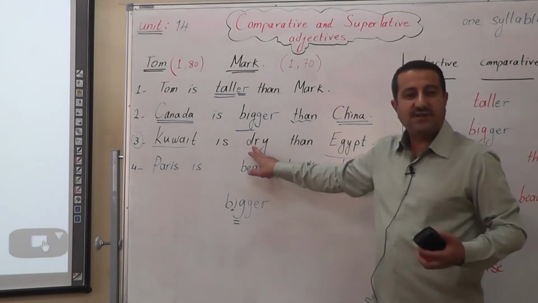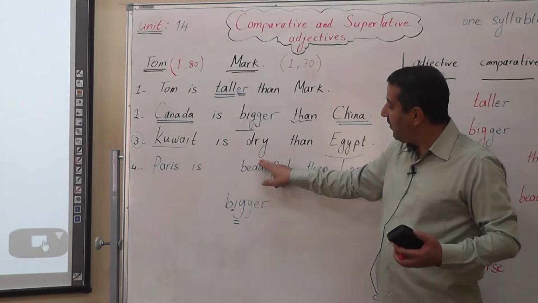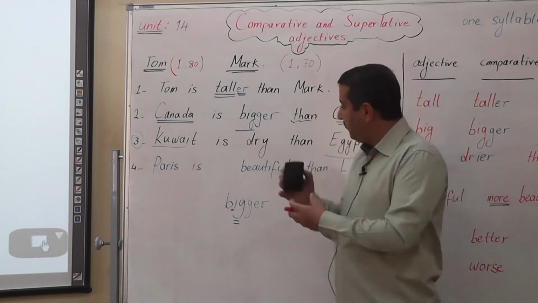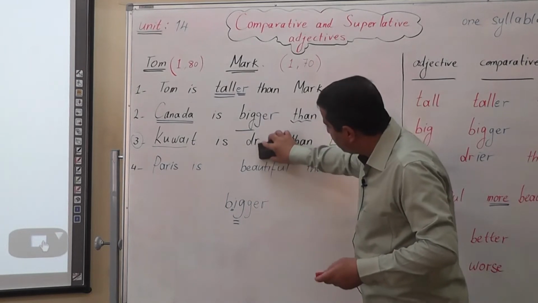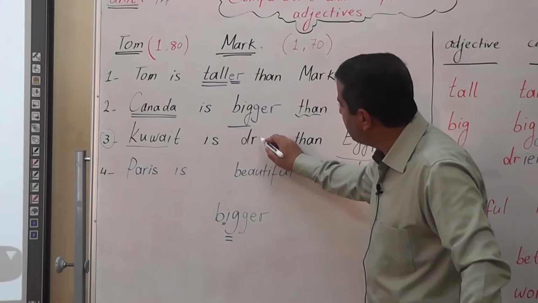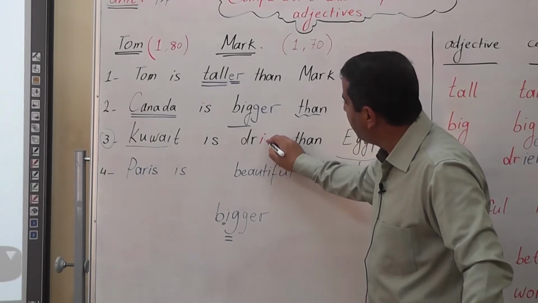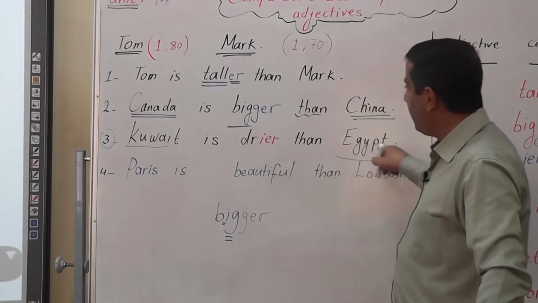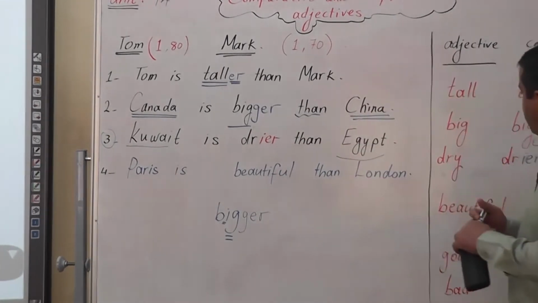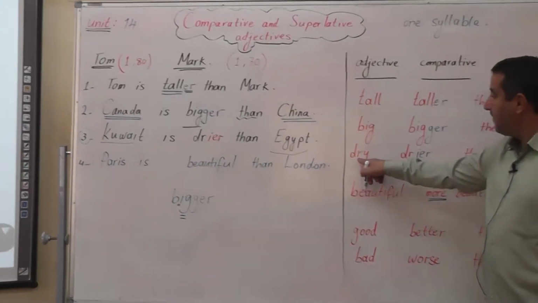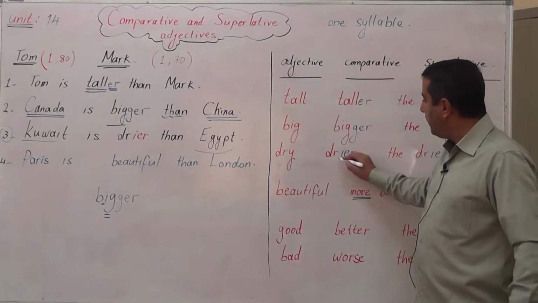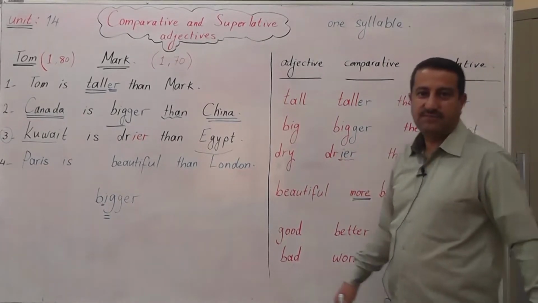It has one syllable only and it ends with Y. So in this case, we change Y into I and we add ER. So it becomes Kuwait is drier than Egypt. So if we have an adjective like the word dry, in the comparative, we change Y into I and add ER.